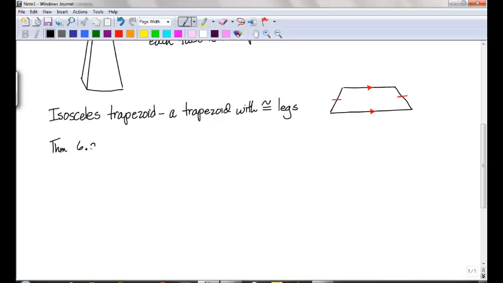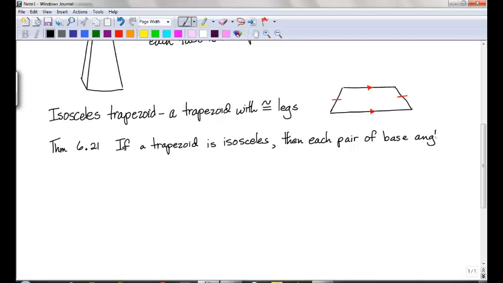Then the author goes through some theorems. Theorem 6.21 says if a trapezoid is isosceles, then each pair of base angles is congruent. Picture-wise, I'm going to draw this one upside down a little bit.